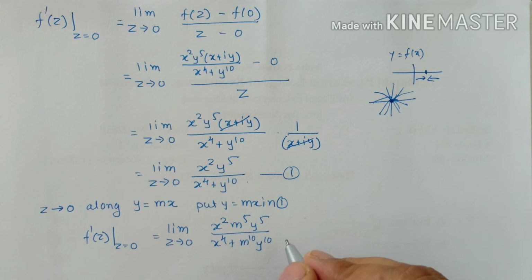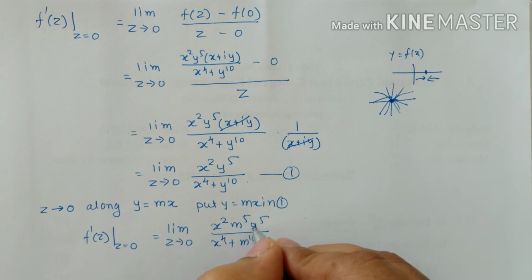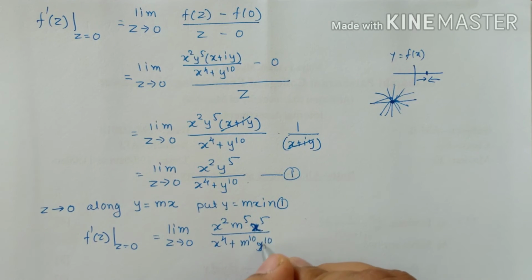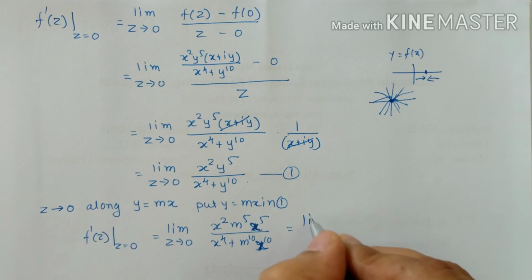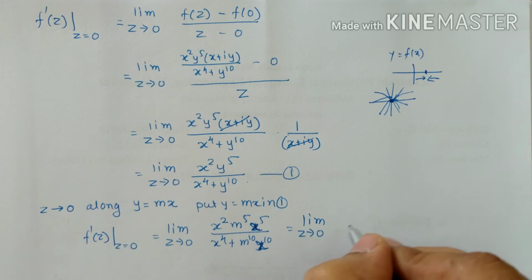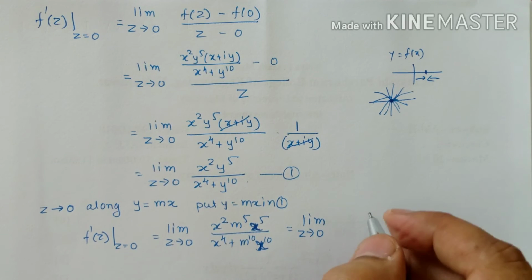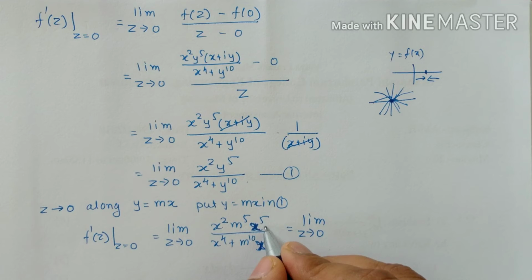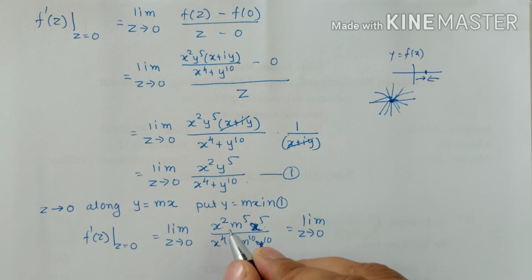Here the x square and x raised to 5 give me x raised to 7.